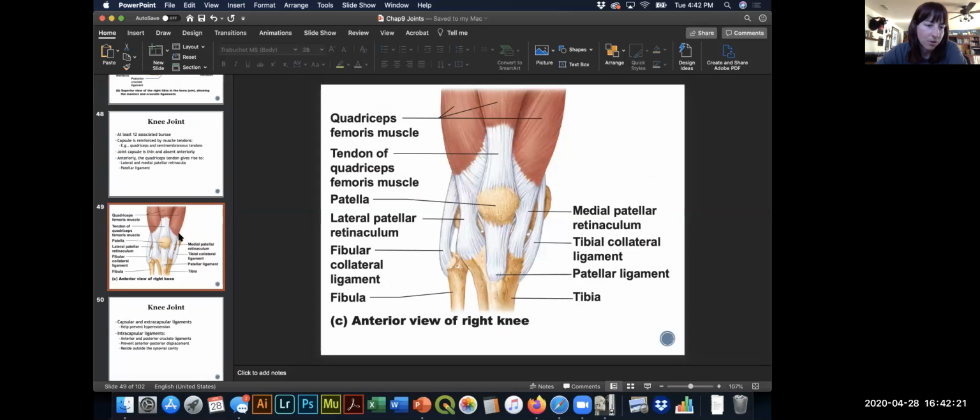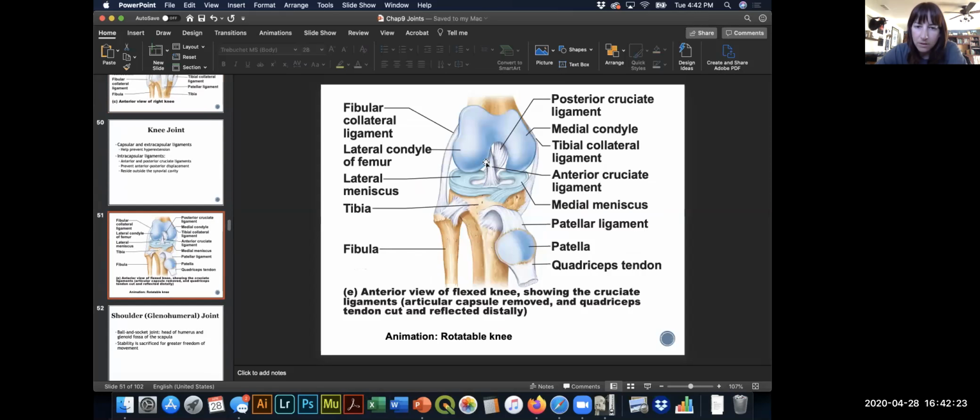All right, so those cruciate ligaments, right? One crossing in front, one crossing in back. Anterior cruciate ligament and posterior cruciate ligament. And then the other 2 are the collateral ligaments, okay? One is lateral or fibular, and the other is medial or tibial, okay?